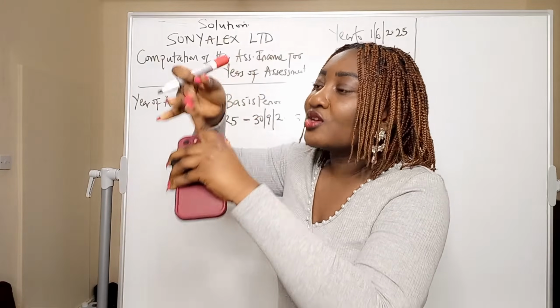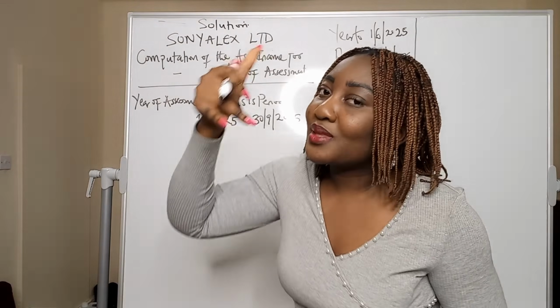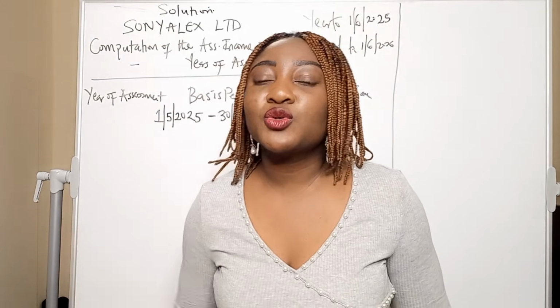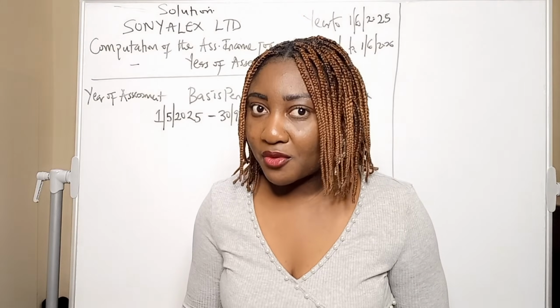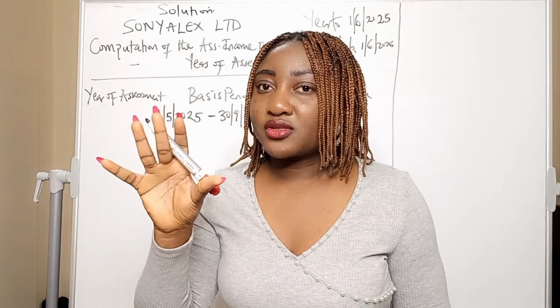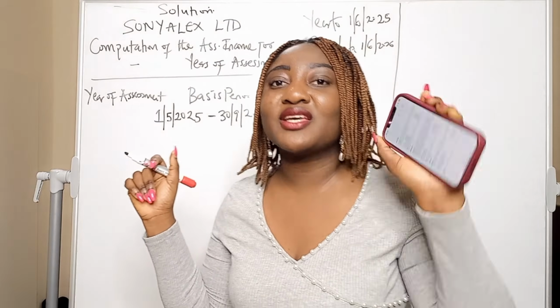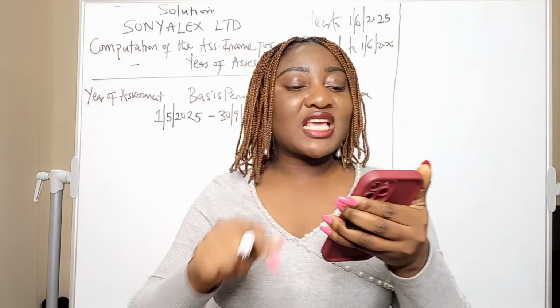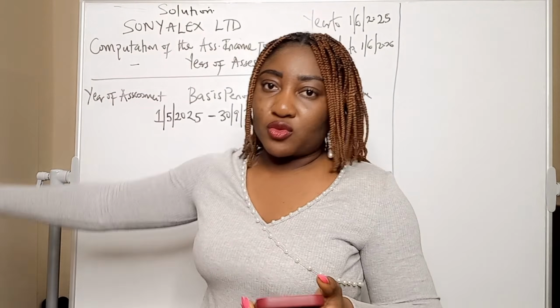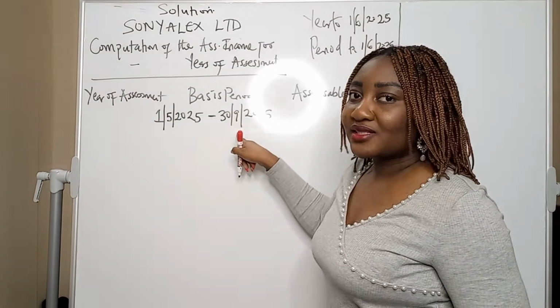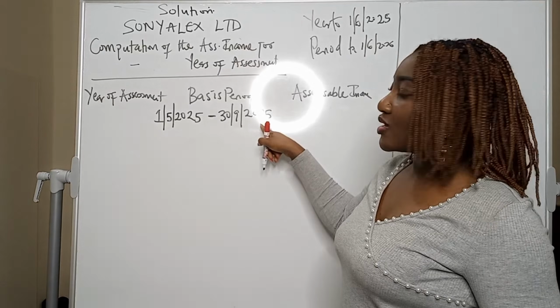May, June, July, August, September. 5 months. Don't say 9 minus 5, you get 4 months, and it will be wrong. 5 months. So the period we are talking about here in this question was 5 months. Now, in some questions, you can be given period to 30th September 2026. That one will be 1 year and 5 months. But you must stop on the first accounting year end.